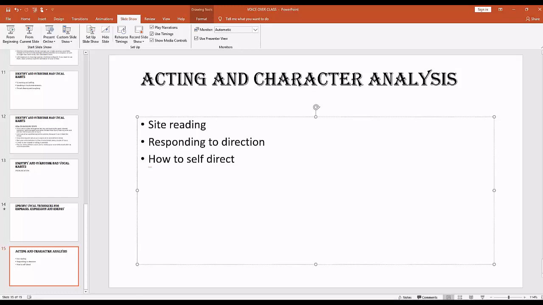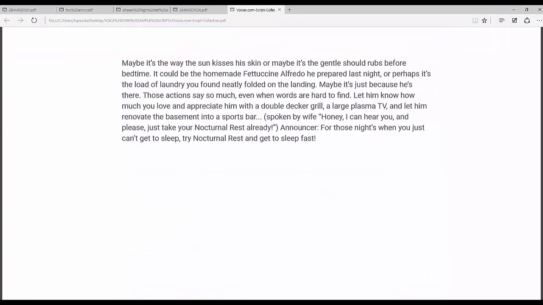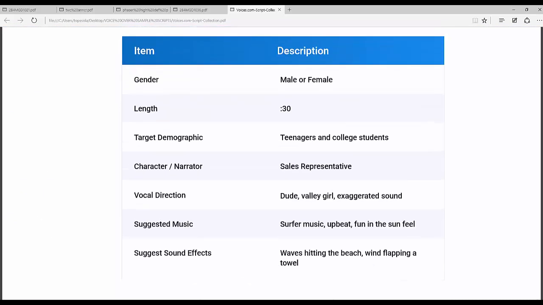Now, if we head over to our script here and we look at this voices.com script, you see that this script alone, giving you the description, giving you the item, once you are a trained voiceover person, you do not really need any director here. This script is self-explanatory, self-directed, because number one, from the training you've got, you know who a narrator is.